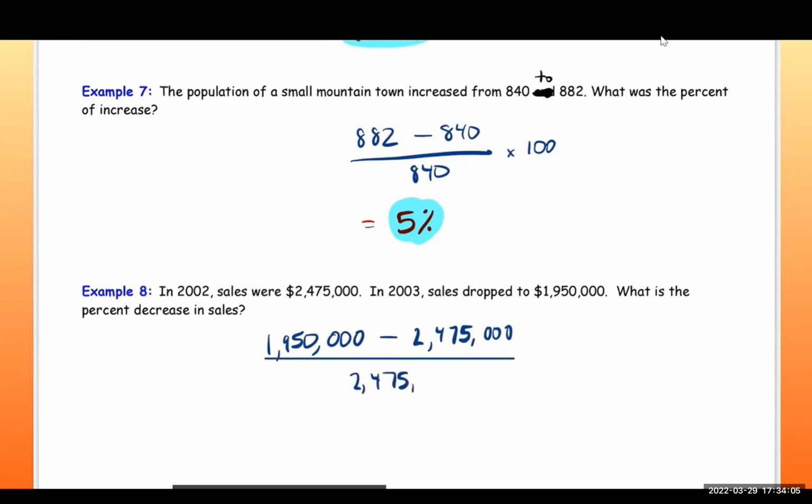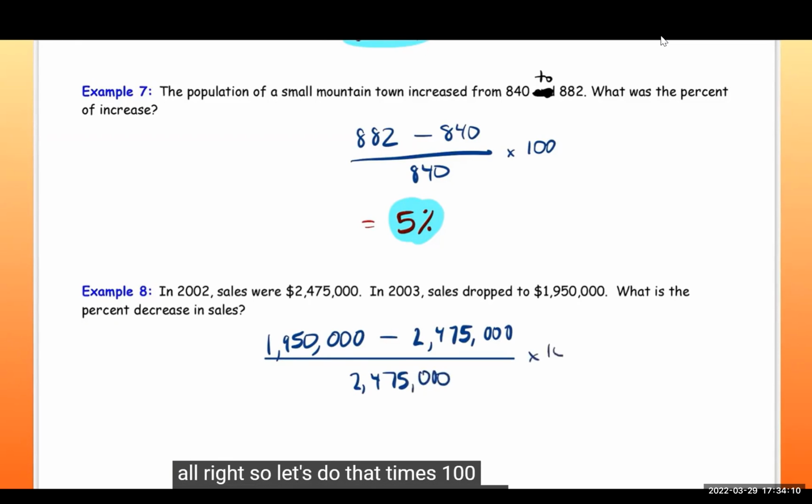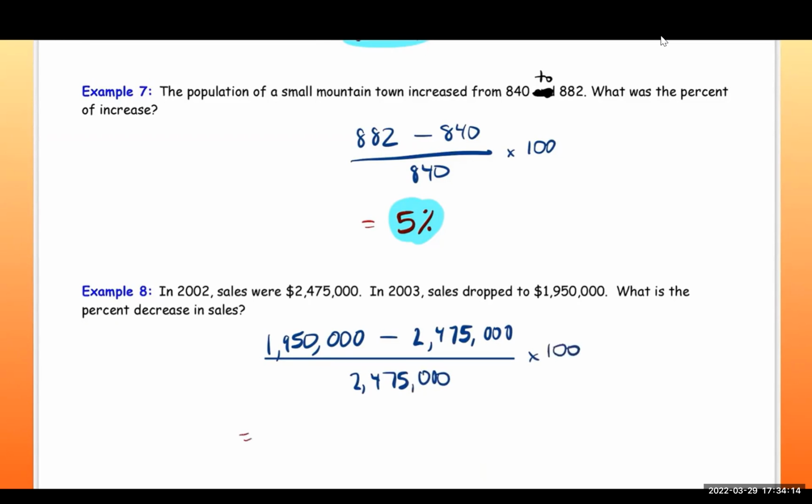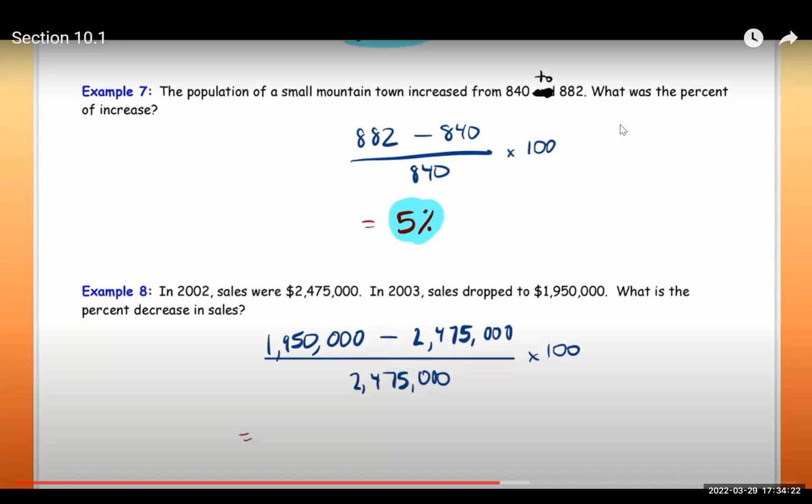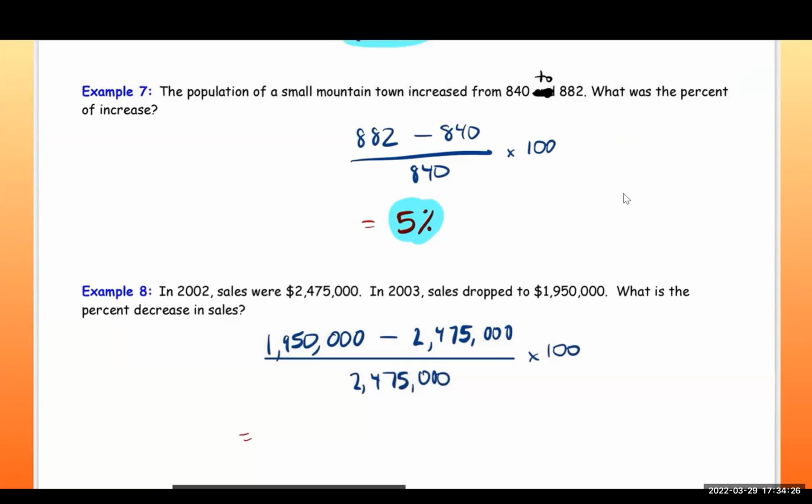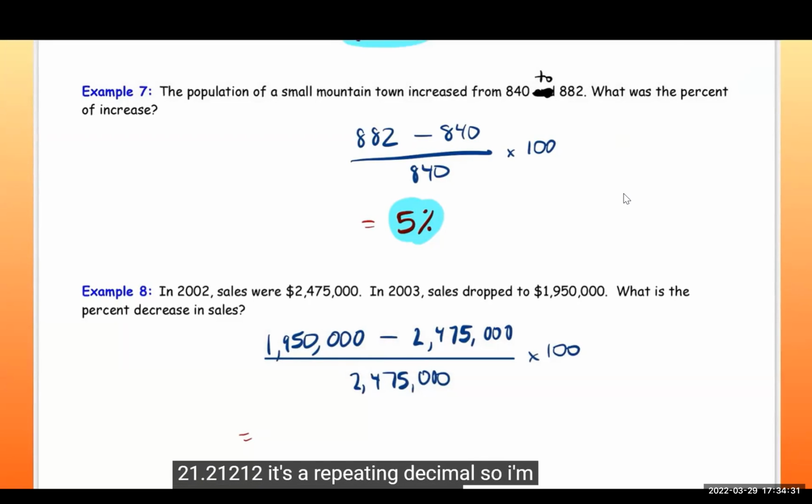All right, so let's do that times 100, and let's see what we end up getting. Okay, I'm getting negative 21.21212. It's a repeating decimal, so I'm just going to say approximately, because I'm going to round.